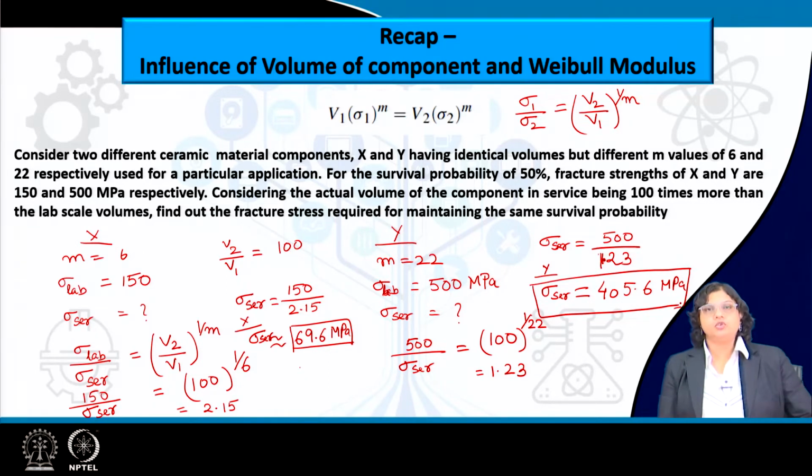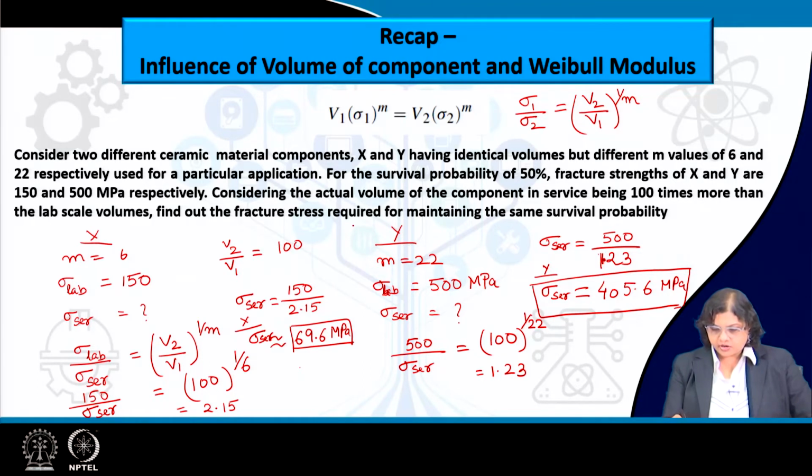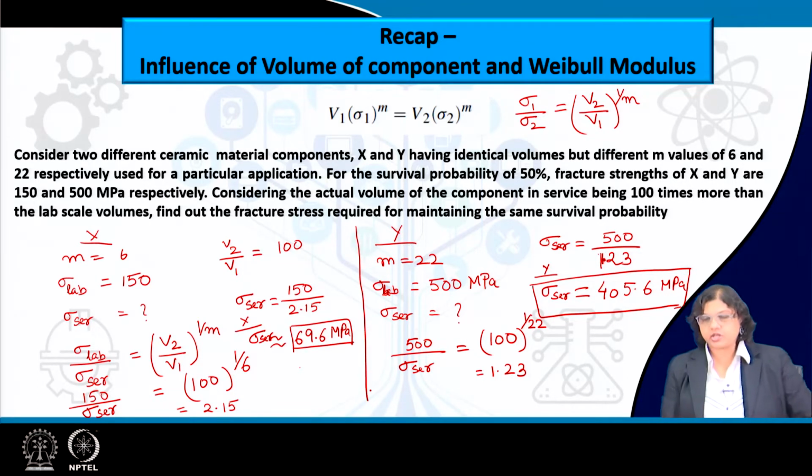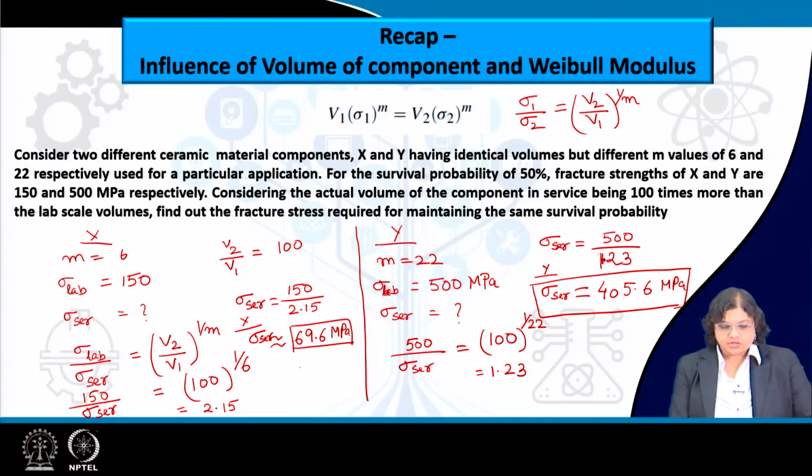Now, there are two important things to see here. First of all, for both the conditions, what we see is under service condition the fracture strength has been significantly reduced. Okay. So, in case of x, we see that coming from 150, which is the value that we have received from the lab scale testing.